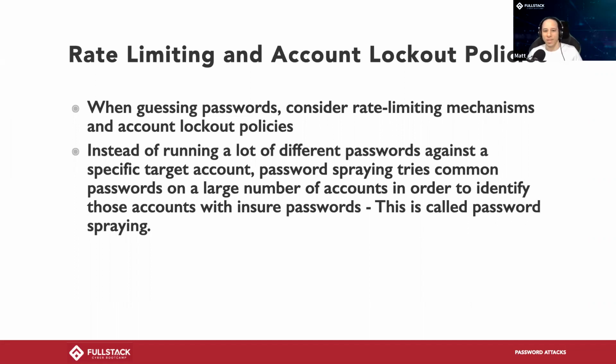So maybe they'll try a whole bunch of different accounts with a whole bunch of very common passwords. Sure, they can only try 3 or 5 times, but they're going to try so many different accounts that hopefully the math works out for them that one of those accounts has a weak password. So it's a shotgun. Yes, it is a shotgun. It's like, we've got a list of accounts. Let's try. Hopefully one of them works.